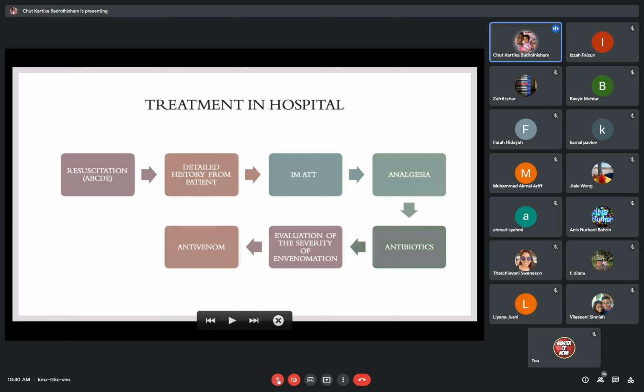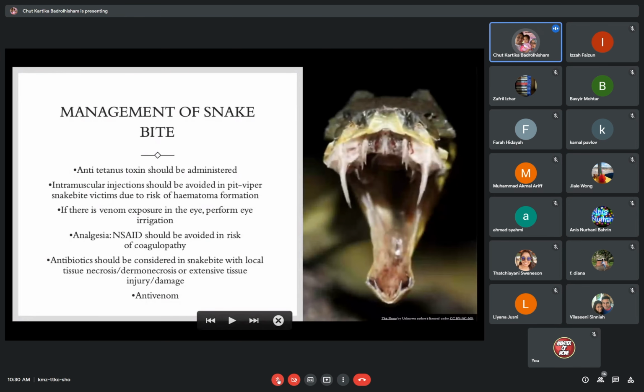Simply put, the management of snake bite is that we give ATT as I told you earlier. For a patient with a Viperidae pit viper snake bite, do not give IM injection because the patient may have hematoma formation, as it is hematotoxic. If there is venom exposure from Naja sumatrana, we perform eye irrigation.